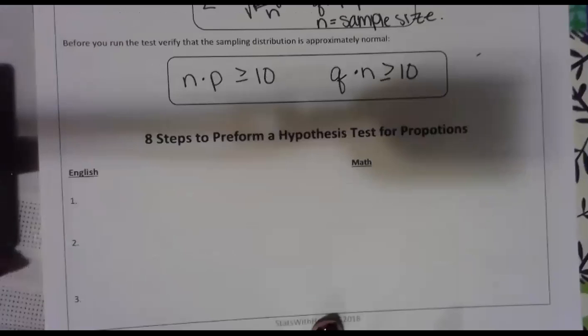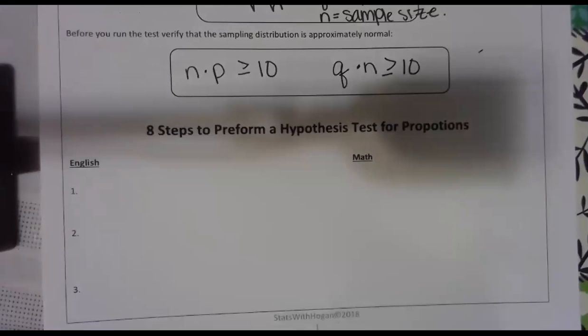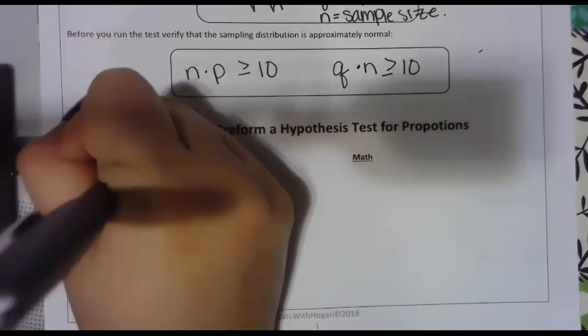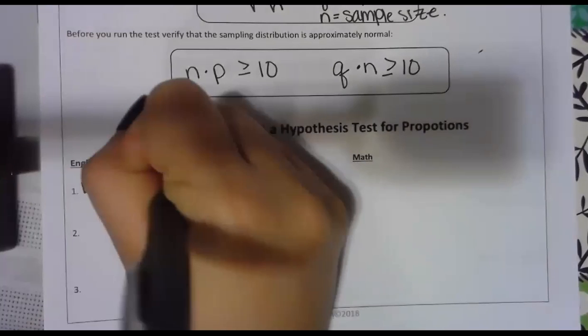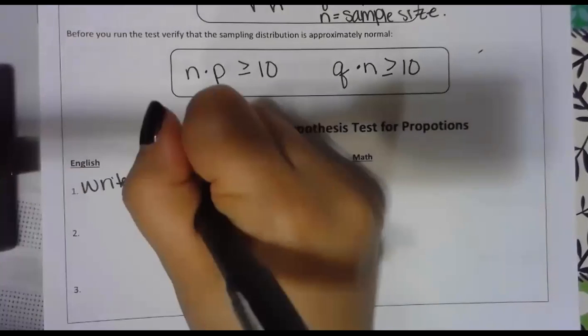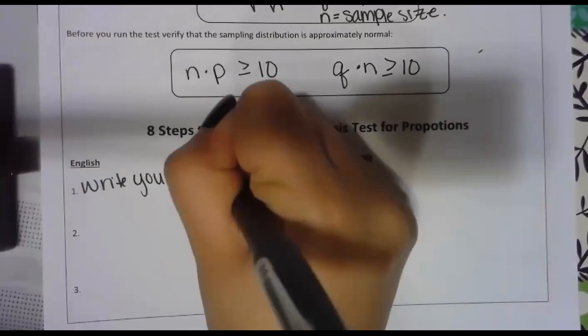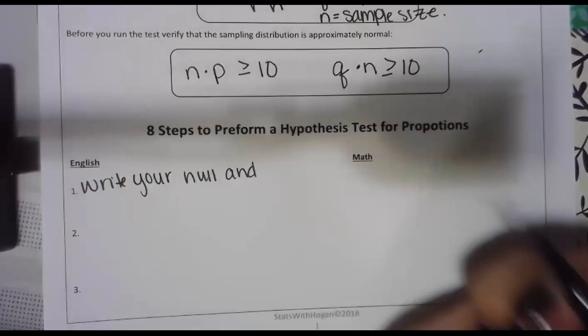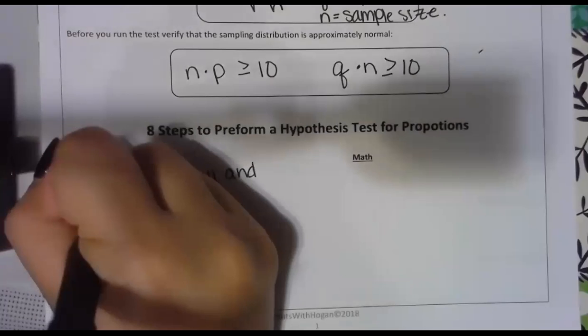So it has to meet both of these requirements. All right, so then the 8 steps to perform a hypothesis test for proportions with the words and the math. So the English. First things first, write your null and alternative hypothesis.